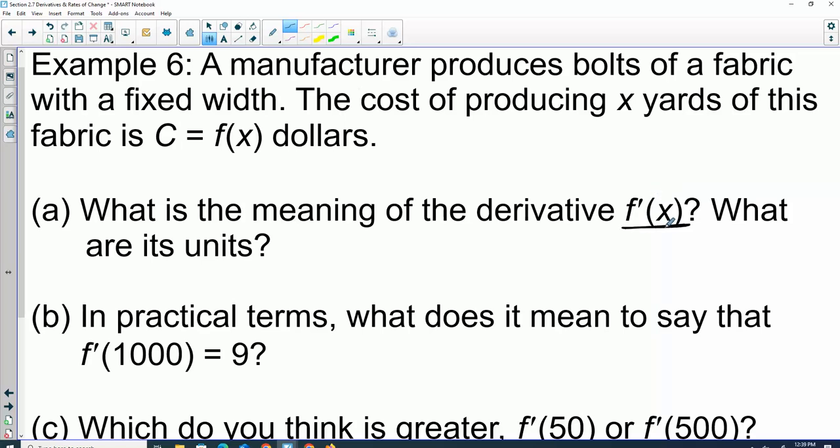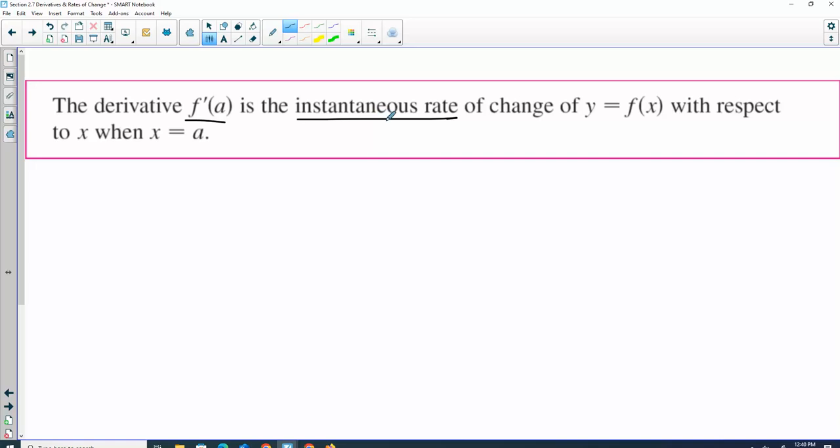That's the notation I told you a few slides ago. When you see that prime, that just means derivative. So what is a derivative? Well, we said it's an instantaneous rate of change.